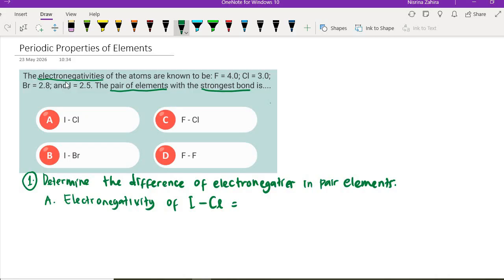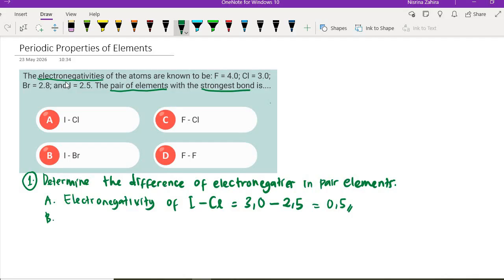The bigger one is Cl. So we start from 3.0 and subtract 2.5, because 2.5 is the electronegativity of iodine. So 3.0 minus 2.5 equals 0.5. This is the difference for I and Cl.